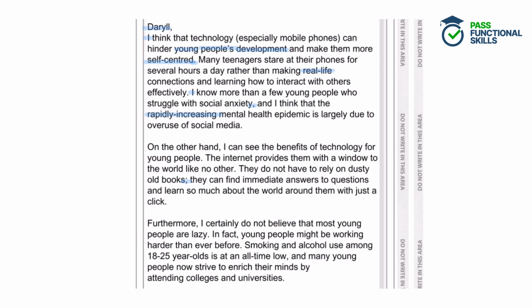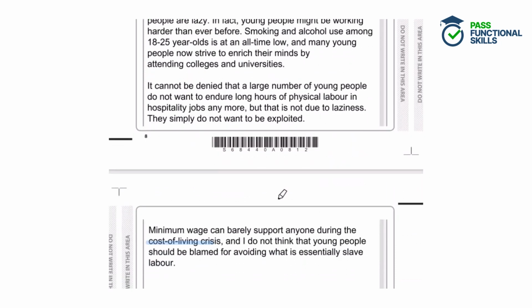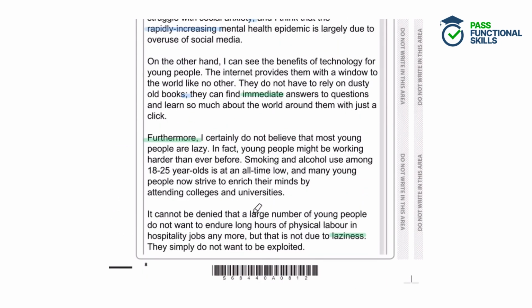So, for example, we've got immediate being used here. We've got furthermore, and we have laziness, also quite a tricky word to spell. So make sure that you practice your spelling before the exam because it's really important that you're spelling words correctly.